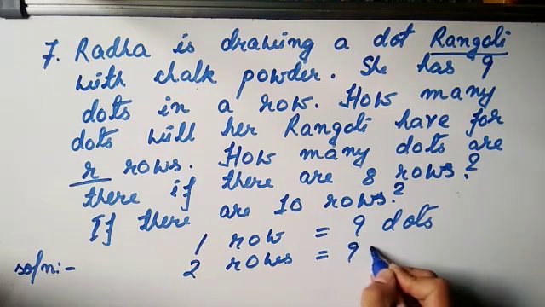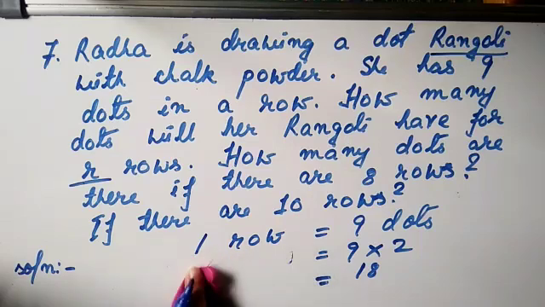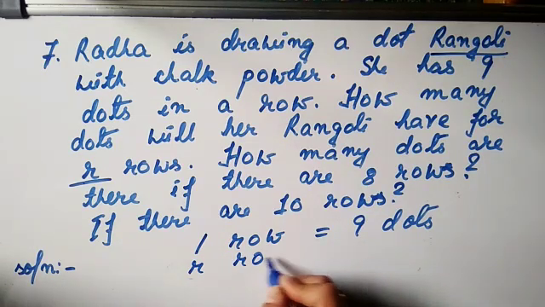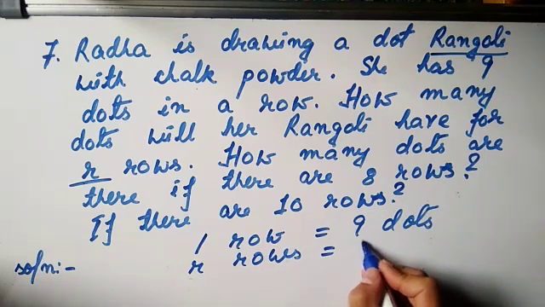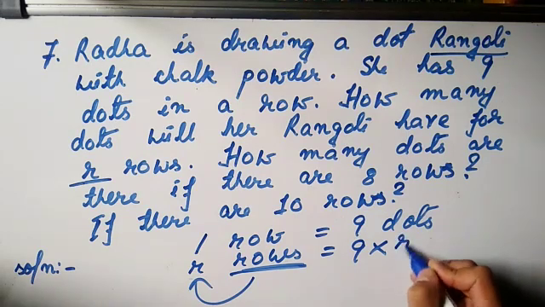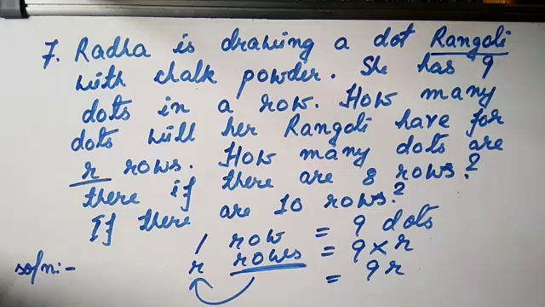This 9 will be multiplied by the number of rows, that is 2. And 9 twos are 18. So in the question, instead of 2 rows, they are asking us to find for r rows. So this 9 will be multiplied by the number of rows, and that is r. So 9 into r, or simply we can say 9r. So this will be our first answer.